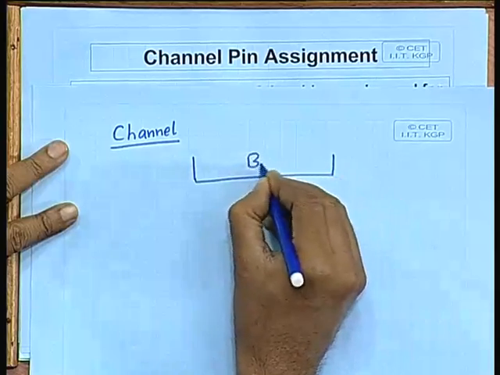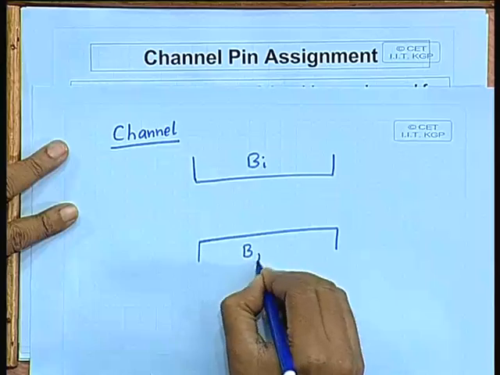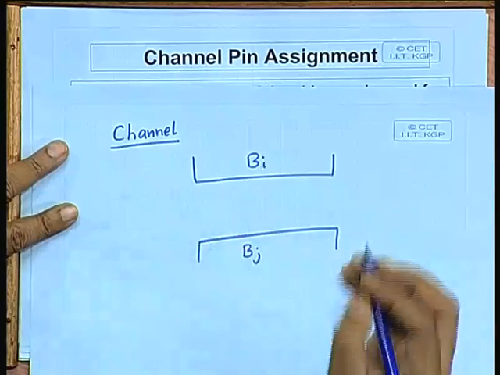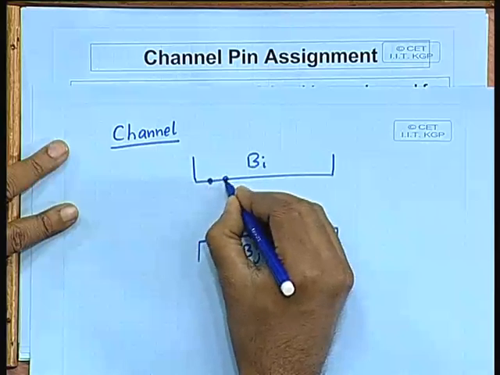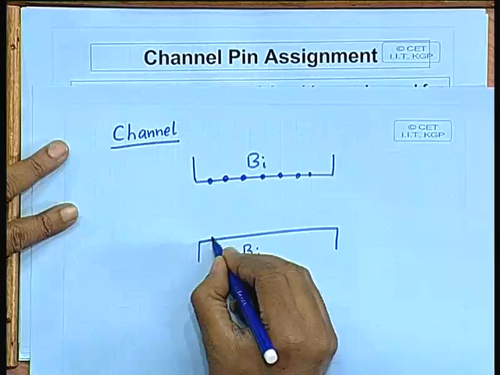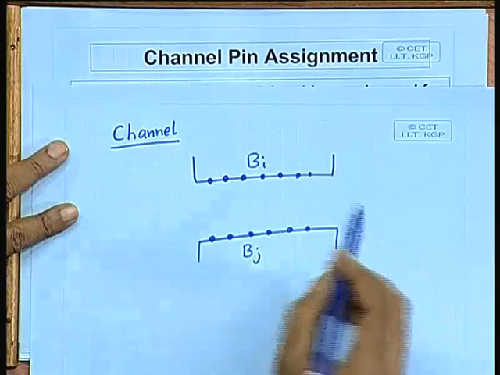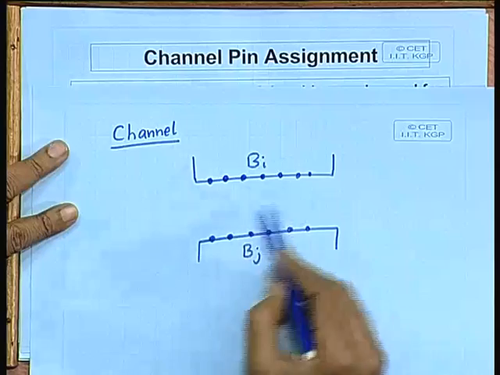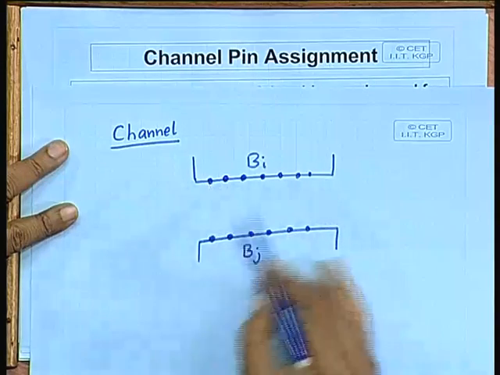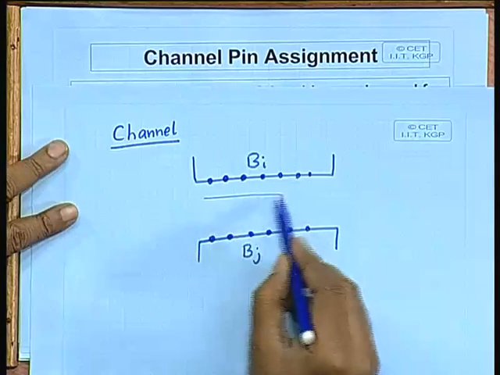There is a block, say Bi, there is a block Bj, there is a rectangular region between the blocks Bi and Bj, and the pins are located above on the surface of Bi on the periphery and below. The objective is to connect some of these pins to some of these pins. This is the channel routing problem. So, there are pins on the 2 sides of the channel, there is a given net list, you will have to interconnect them using minimum number of tracks.